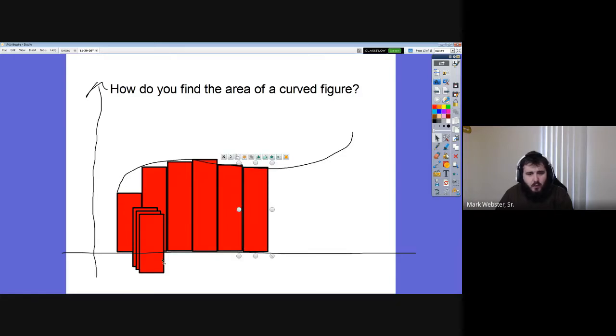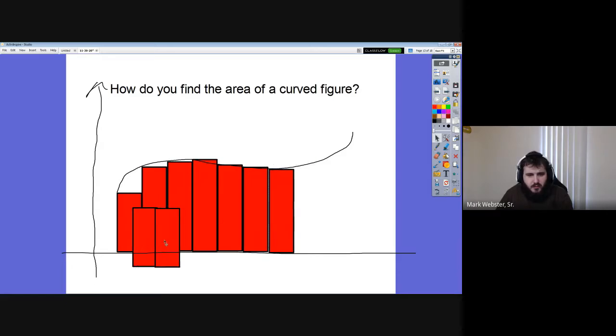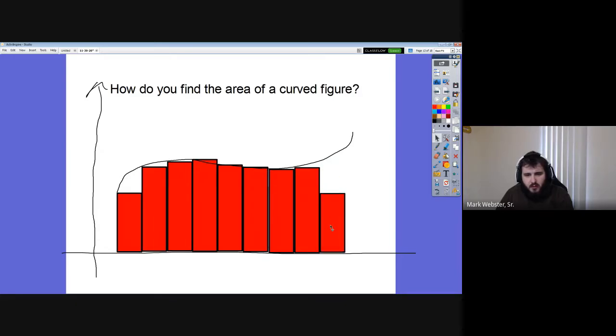And what we're going to try and do is figure out a way to strategize here. We're going to find the area of each of these rectangles.